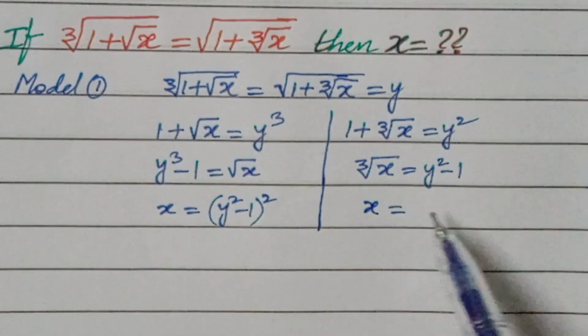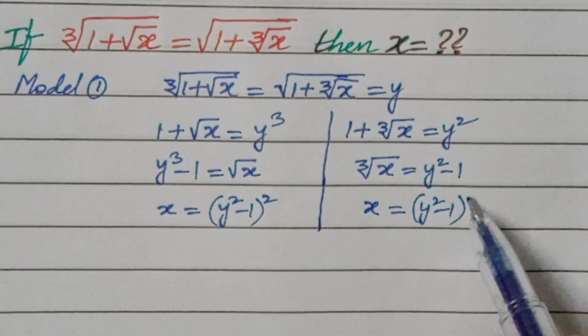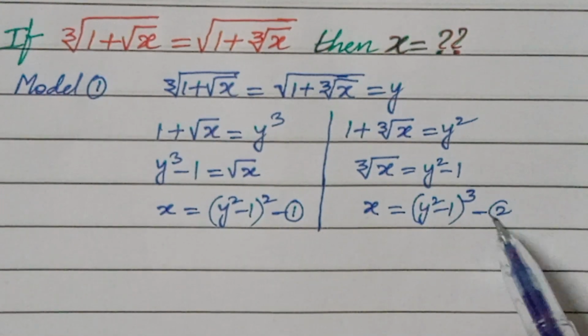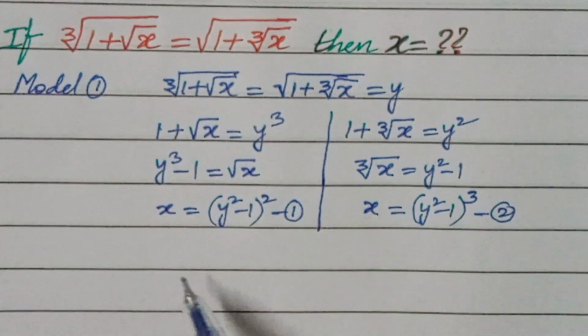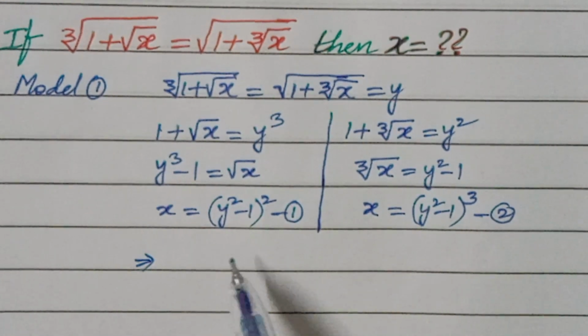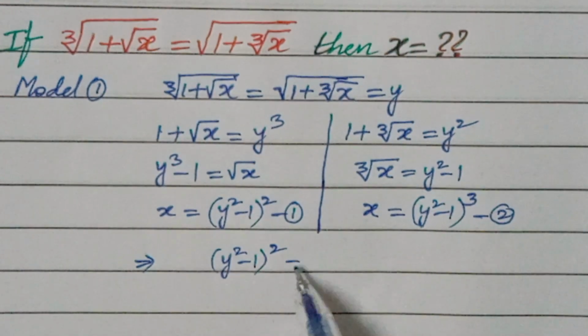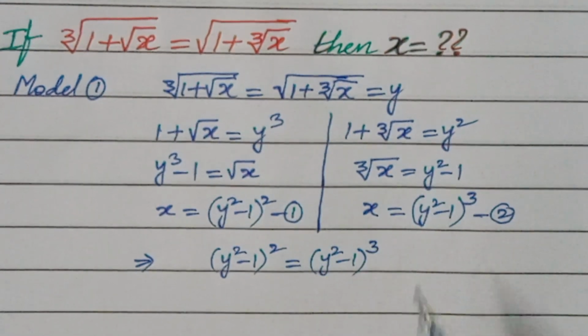Here, cubing on both sides, x is equal to y square minus 1 whole cube. Let it be 1 and let it be 2. So both are equal to x. From 1 and 2 you can write y cube minus 1 whole square is equal to y square minus 1 whole cube.